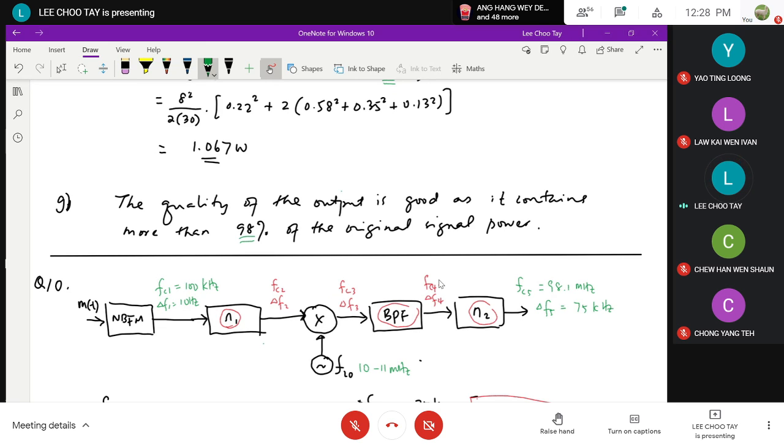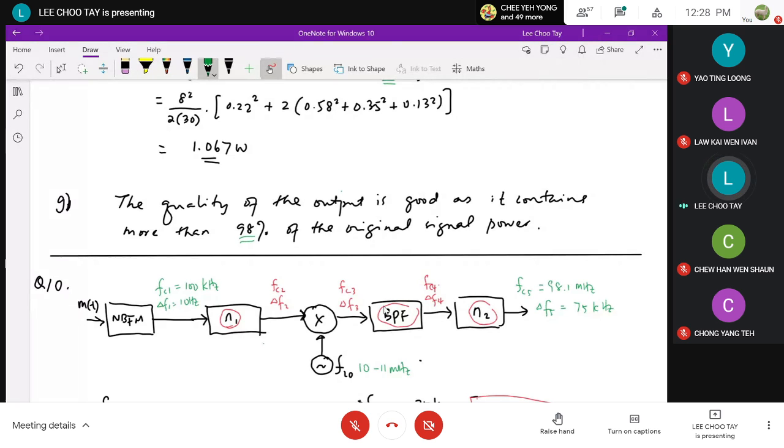Of course, the requirement for FC4 is that after multiplying with the multiplication factor of N2, it must give you your FC5 that is stated in the requirement of 98.1 megahertz. And then your delta F4.